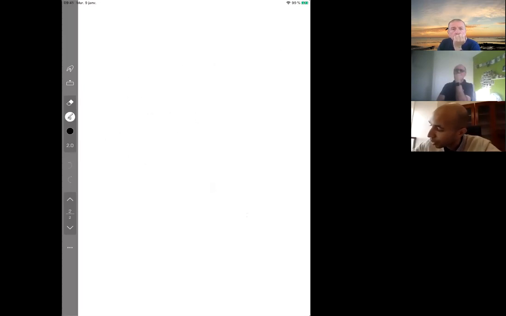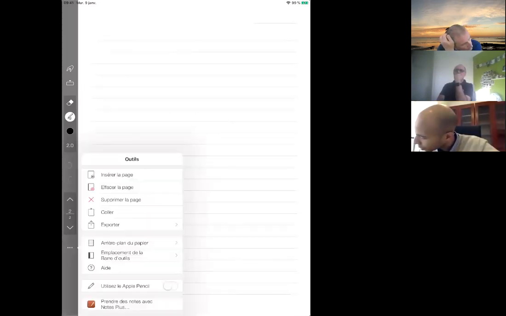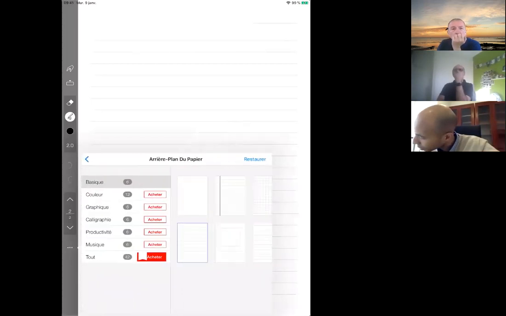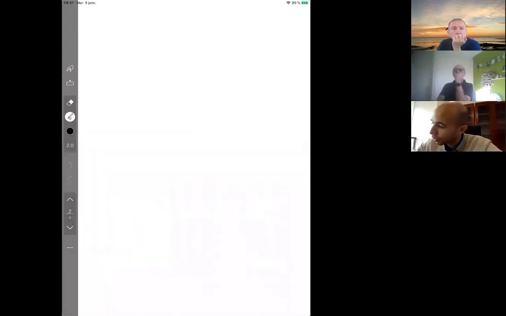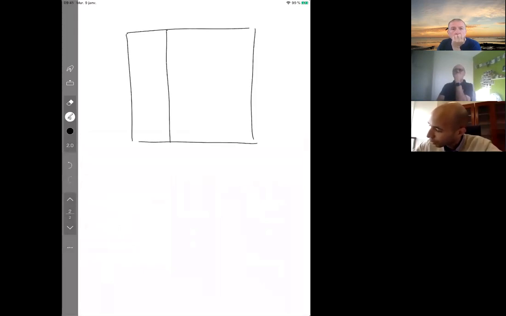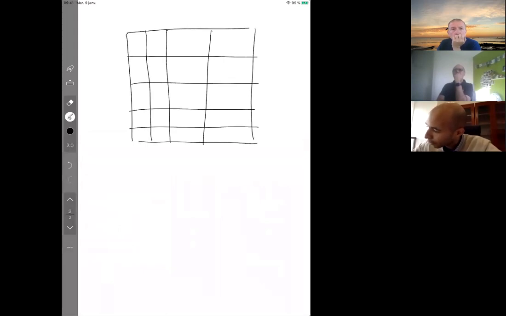So maybe I can draw a picture on another page. So that's my graph, and actually I will look at it as a metric graph. So what does it mean?